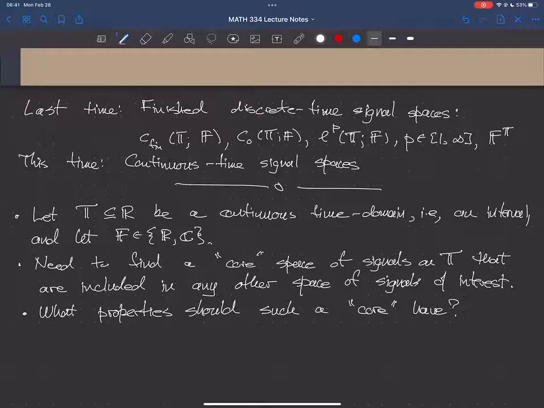I'm going to list some naive attempts to see if we can come up with an answer to this question. You might ask this question and come up with a different answer than I'm going to, but in some sense, any reasonable answer will be equivalent to the one I'm going to give.